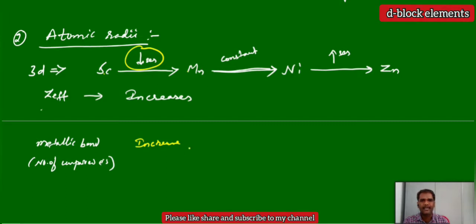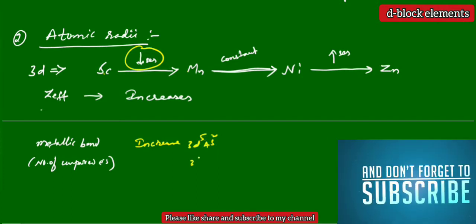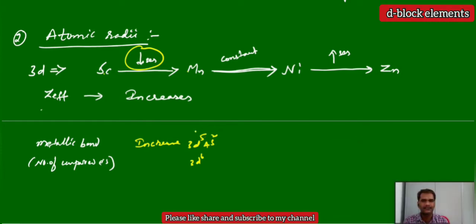We have the manganese electronic configuration here: 3d5, 4s2. Then after that we have the iron case, 3d6 configuration. 3d6 means we have to add one electron. Already 5 electrons are there, but we are adding one electron, means we have to pair up with opposite spin, and this pairing causes some repulsions.